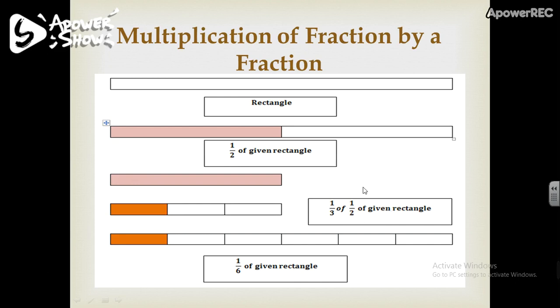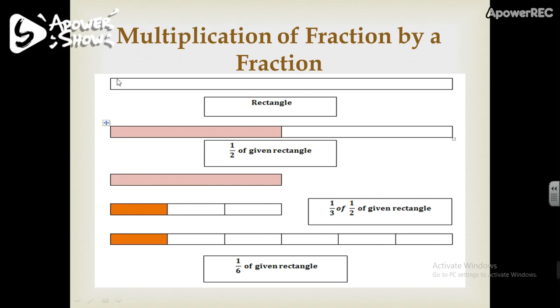So I am talking about which rectangle? This given rectangle. So this shaded portion is 1/3 of this smaller rectangle, but this shaded portion is 1/3 of 1/2 of this bigger rectangle.